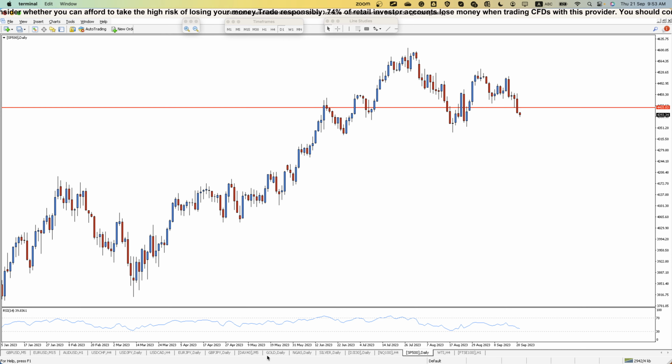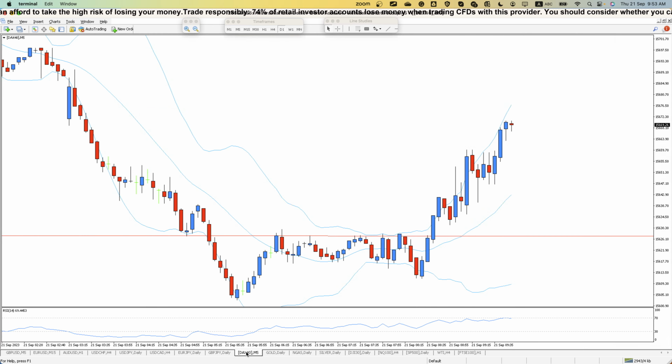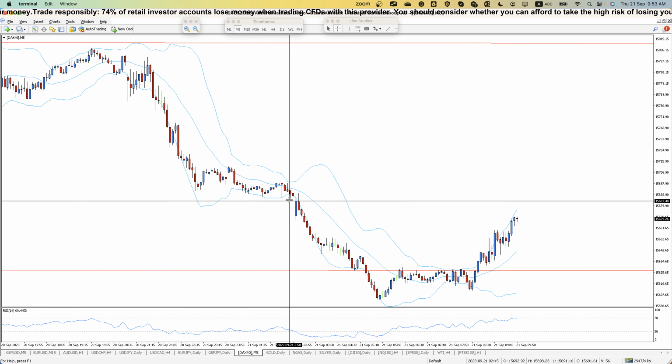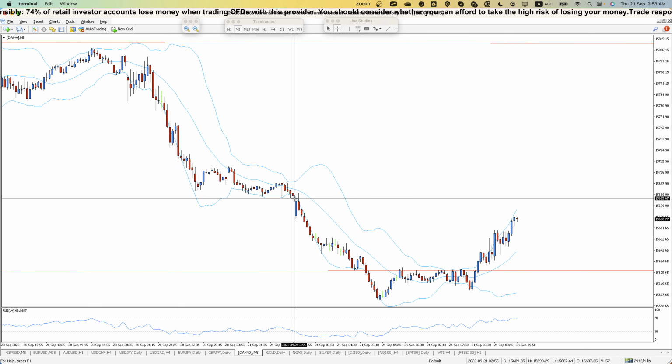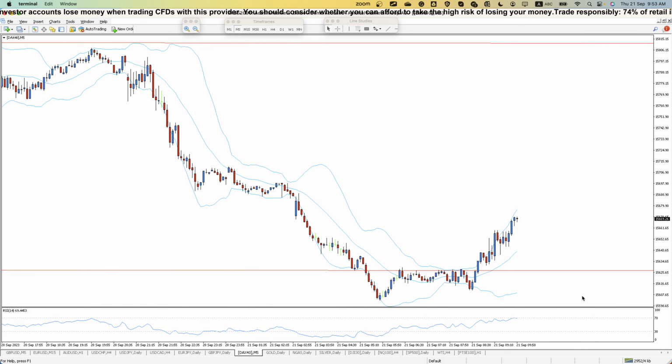So let's check the DAX 40. X-Man asks, what is different about divergence between MACD and RSI? What is the better indicator in this case? Both of them are great.